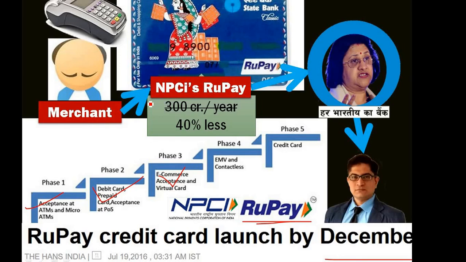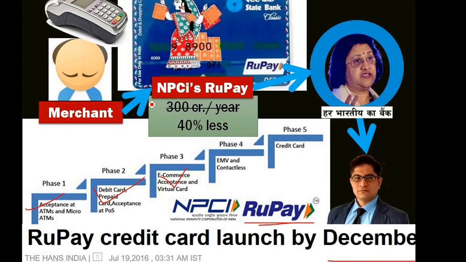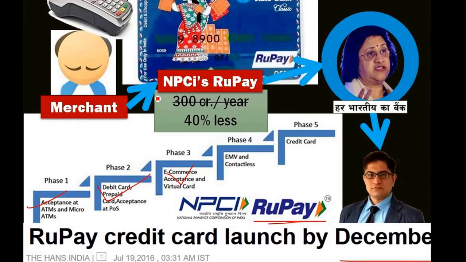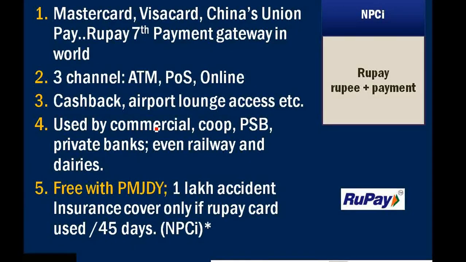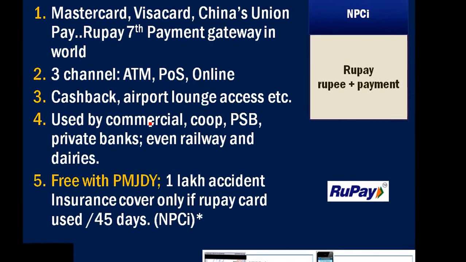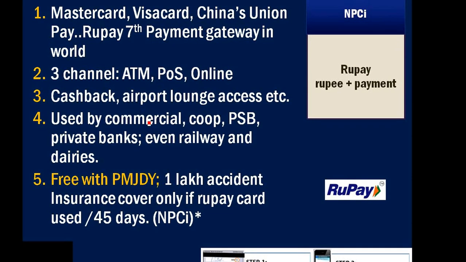So for NPCI, India has developed the card network system in the form of RuPay. It was launched in December 2016. In the first phase, they developed the RuPay card to be used only at ATMs and micro ATMs.